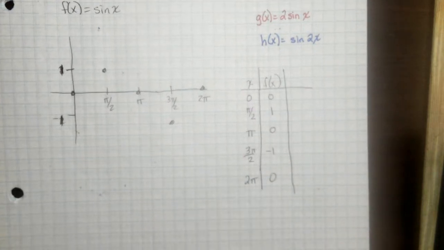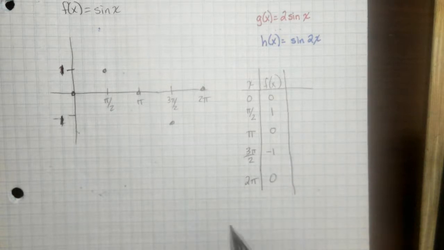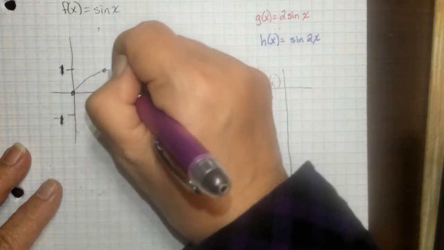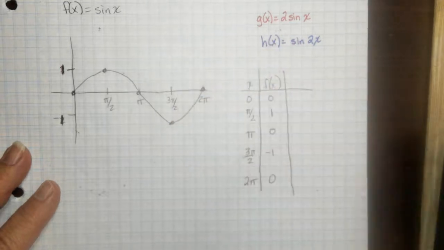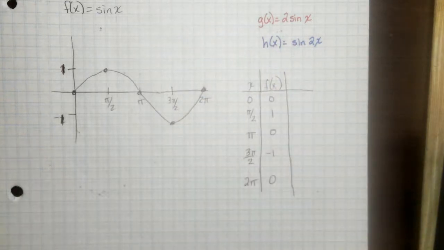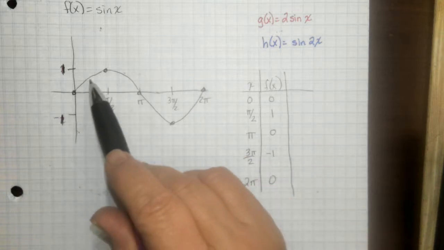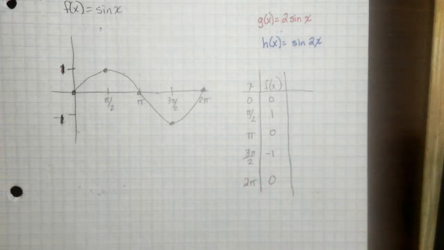Then pointing down on the unit circle, the sine is negative 1. And then back around. So remember, your sine function is a hill and a valley, and we said that is one period. It goes from the beginning and then back to 0 again.